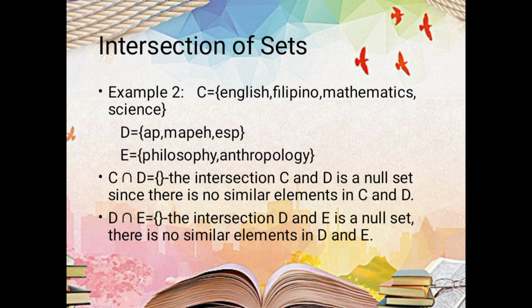So C intersection D is equal to the null set or empty set, because the intersection of C and D is a null set since there are no similar elements in C and D. And for the intersection of D and E, it is a null set because there are no similar elements in D and E.